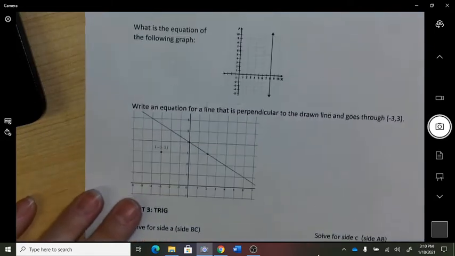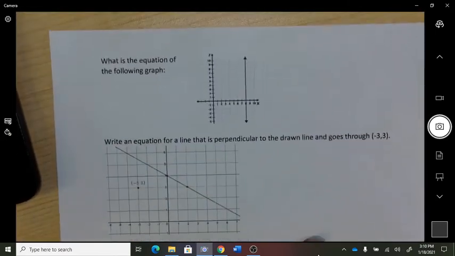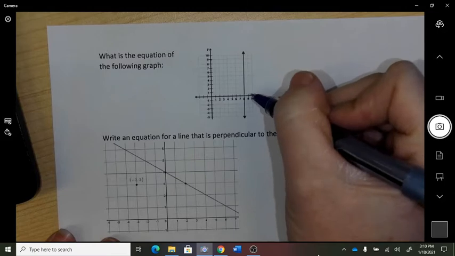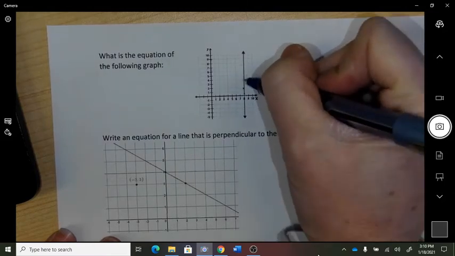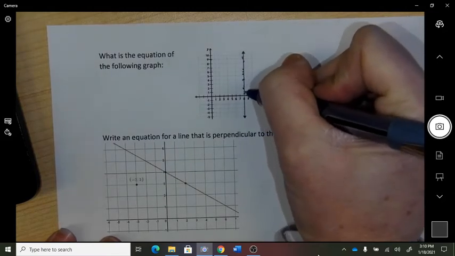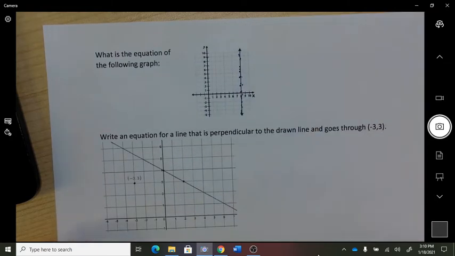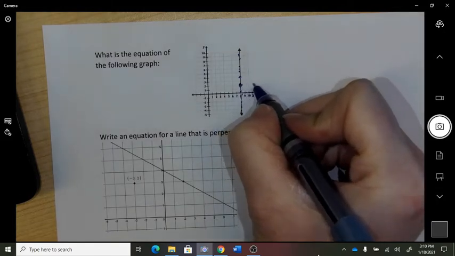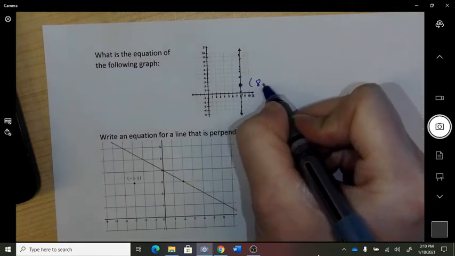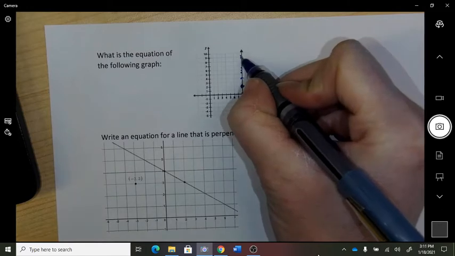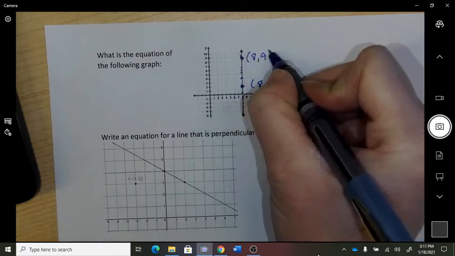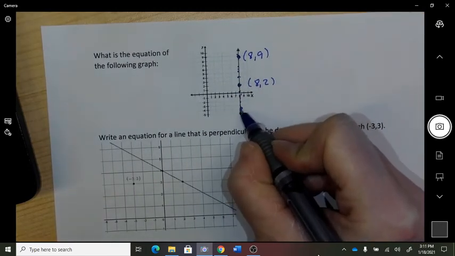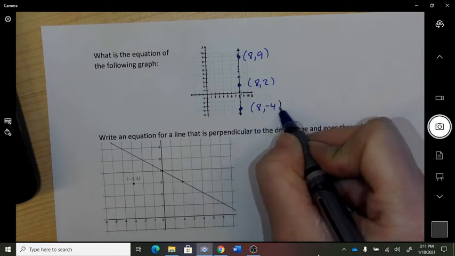What is the equation of the following? Okay, so my question for you, what is always the same no matter where you are on this line? What is the consistent thing? What's always the same? Every point, so this would be like 8, 2. This would be the coordinate 8, 9. And this would be the coordinate 8, -4.